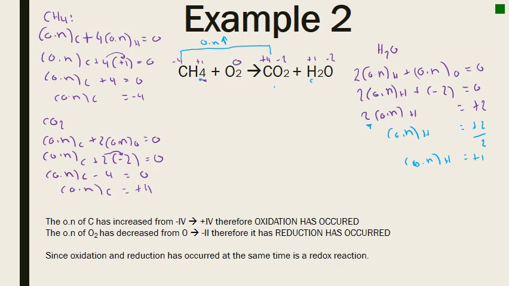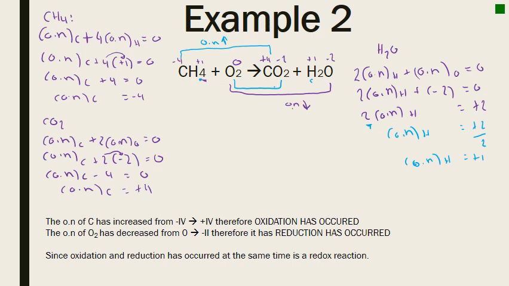With oxygen, it went from 0 to -2, and here also it went to -2 in H2O. Or you can do it like this, or you can do it like that. It really does not matter. But the thing that you need to know is that the oxidation number decreased.